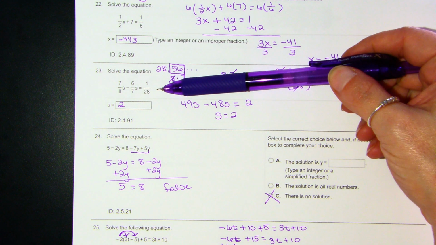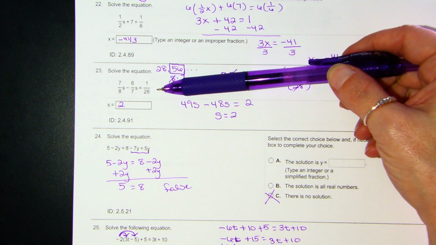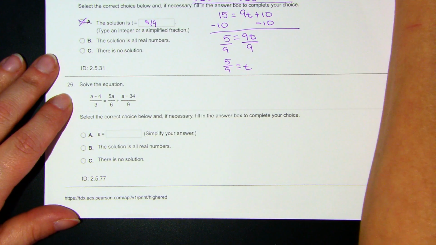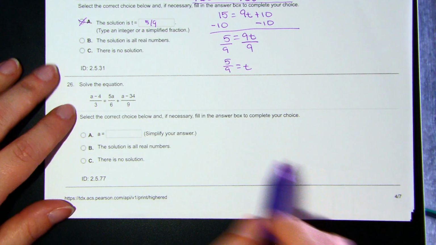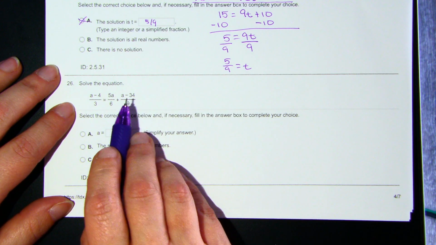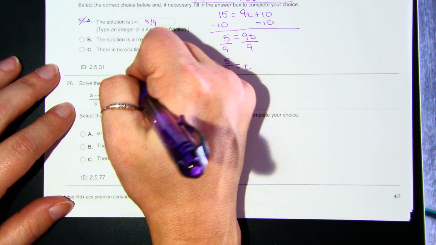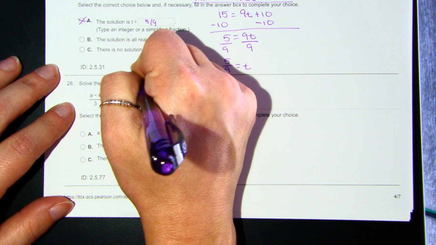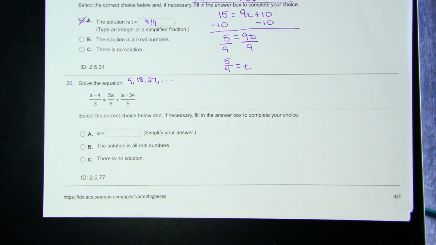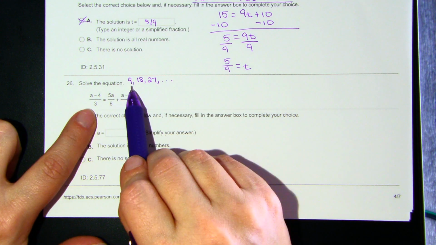I'm going to look at 9 because that's the biggest. 9 times 1 is 9, 9 times 2 is 18, 27, and so on. Does 3 go into 9? Yes, 3 goes into 18, 3 goes into 27, so that doesn't help me. 3 goes into all of those. So what about 6? Does 6 go into 9? No, but 6 goes into 18. So 18 is our least common denominator.